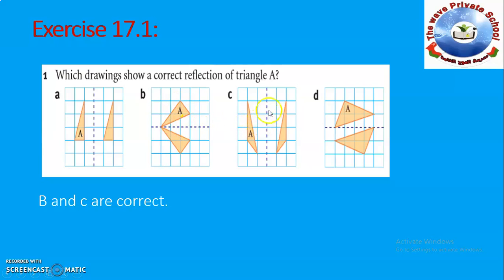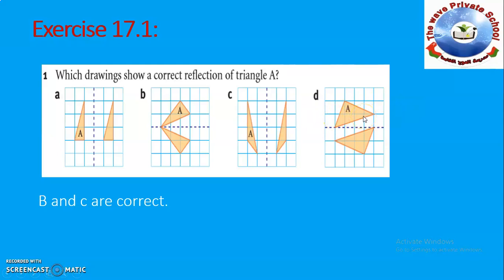Now C part, is it a correct reflection? This is the object and on the opposite side this is the image of the shape. So here it is 1 block away and image is also 1 block away and the image is the same as the object. So we can say that C is also the correct reflection of the triangle.